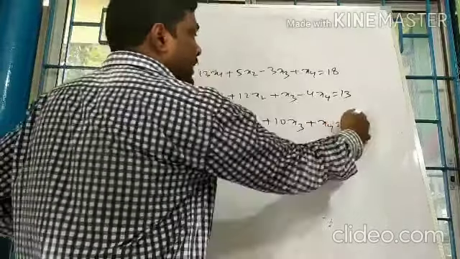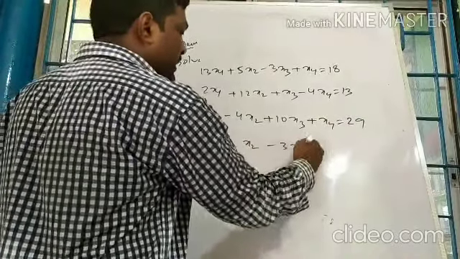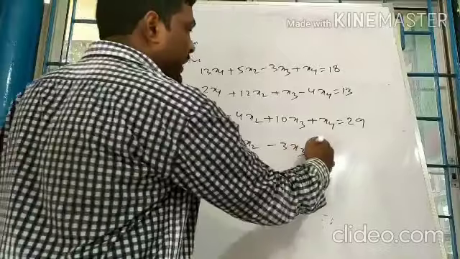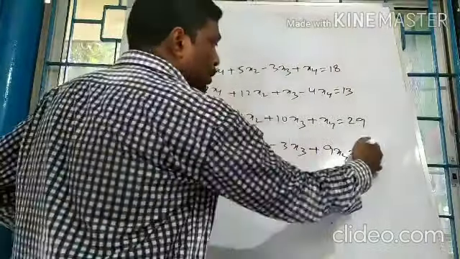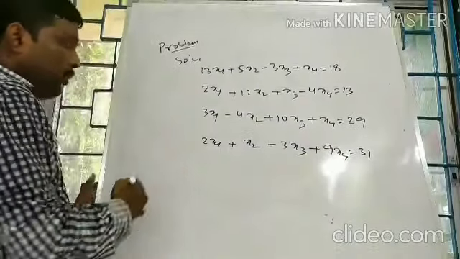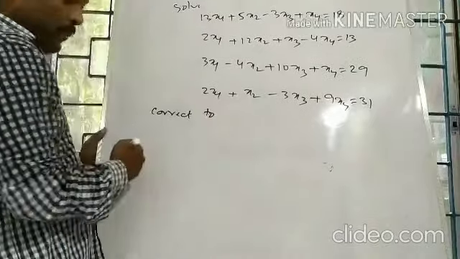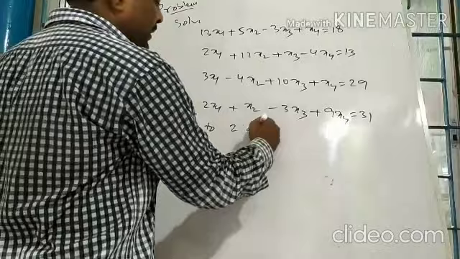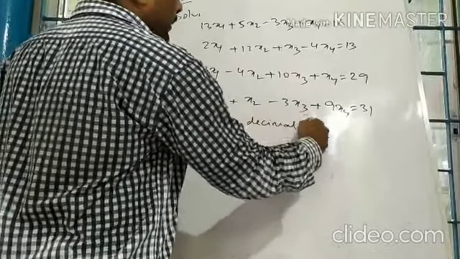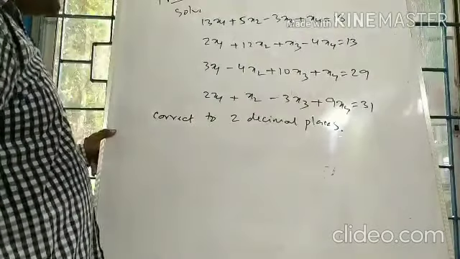Next, 2x1 plus x2 minus 3x3 plus 9x4 equals 31. Okay, so we have to solve this system of equations using the Gauss-Seidel method, correct to 2 decimal places.